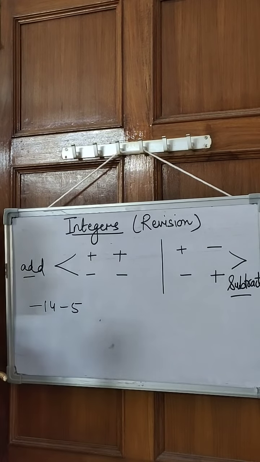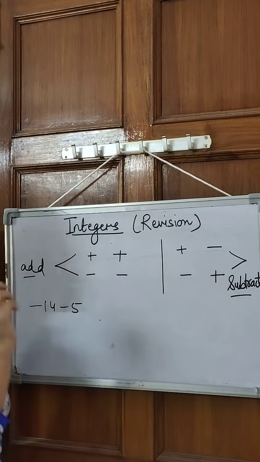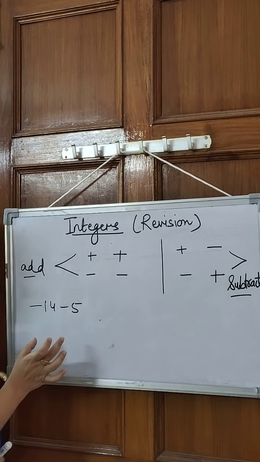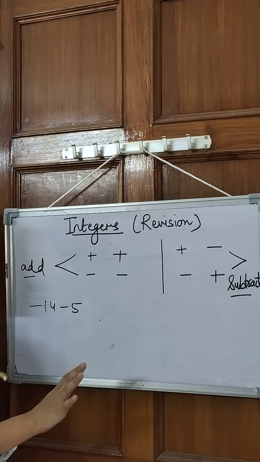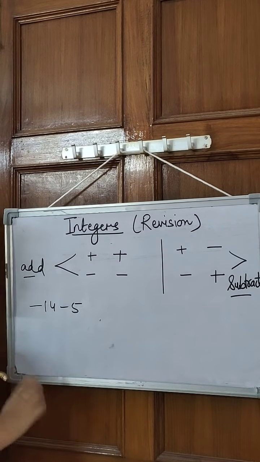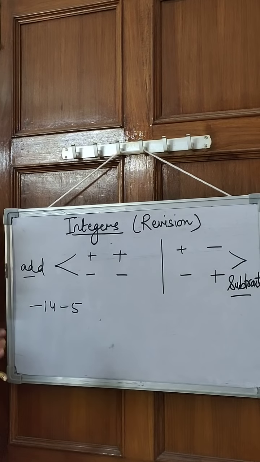Minus minus is plus, plus plus is plus, and minus minus is also plus. We see the sign with the integers, and on the basis of it we decide whether we have to add those two integers or subtract. Here both the signs are negative, so we will add these two integers.